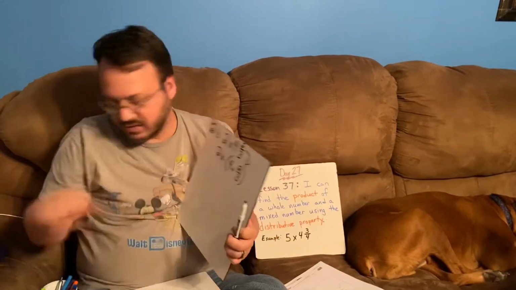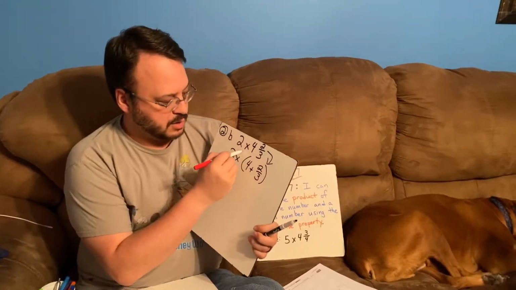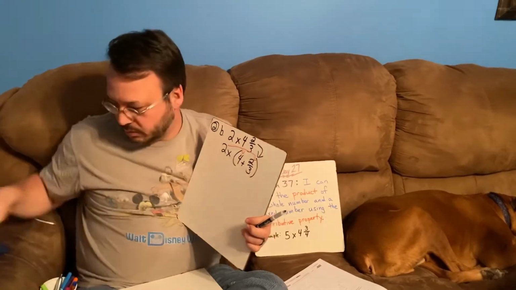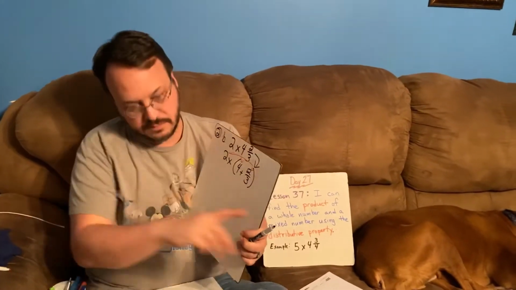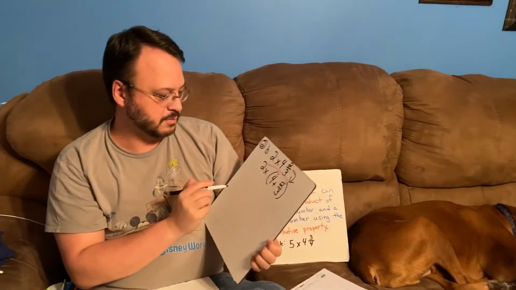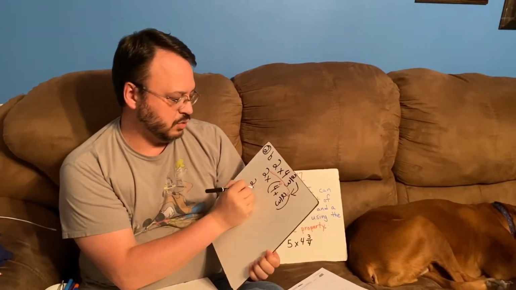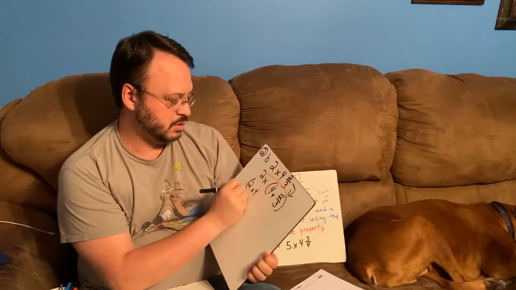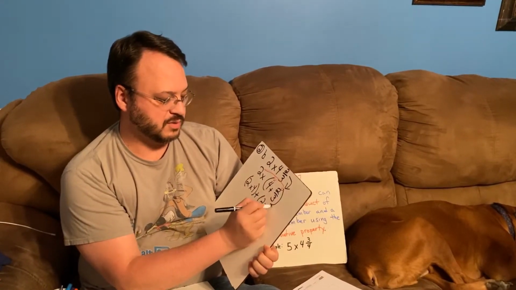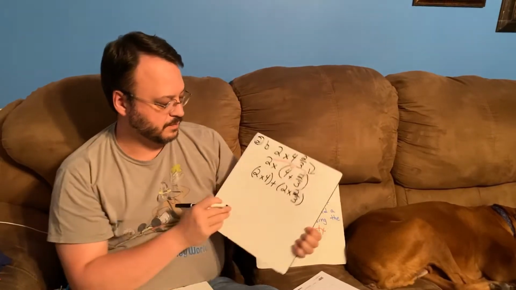Well, now let's just go ahead and use our distributive property: our 2 times 4 and our 2 times 2/3.